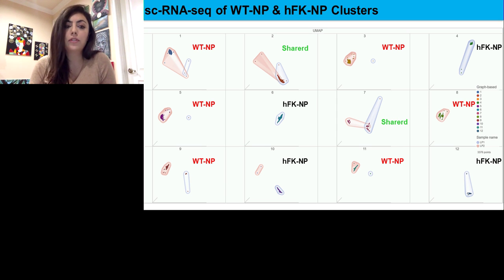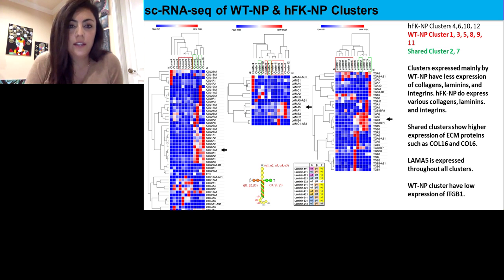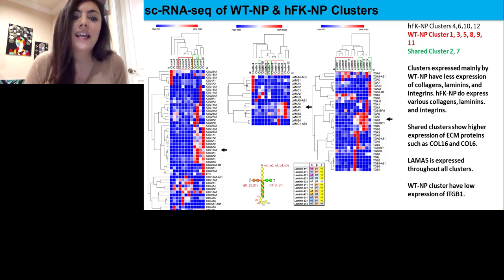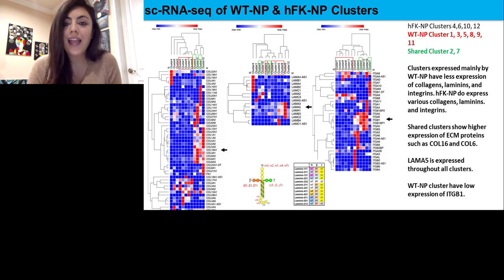So next we wanted to test the expression of collagens, laminins, and integrins within the clusters. Interestingly enough, we identified that the clusters identified in Wilms tumor nephron progenitors predominantly, shown in red boxes, tend to cluster together. And they had much lower expression of collagens and integrins, specifically integrin beta 1, shown by the arrow.